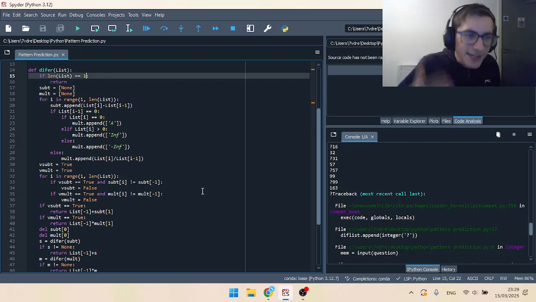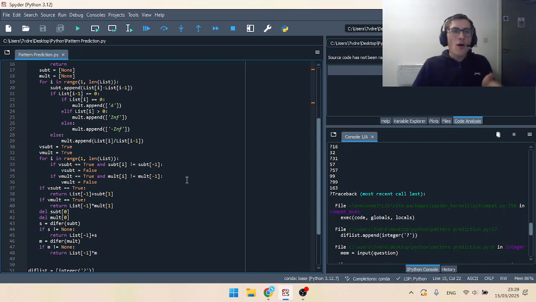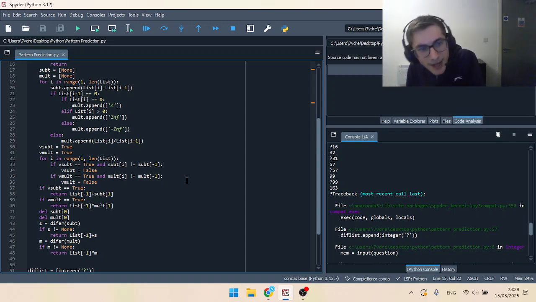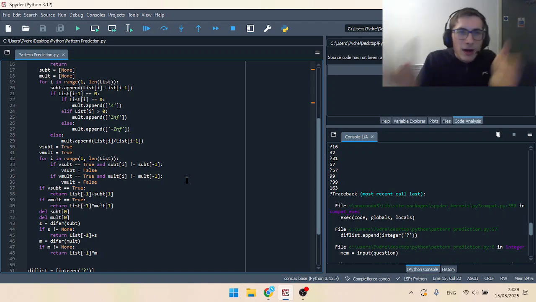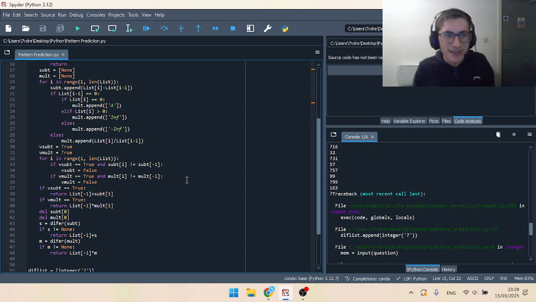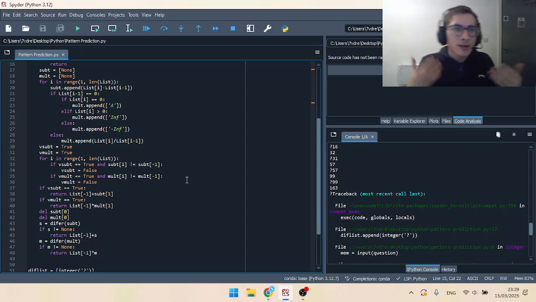Now, what is interesting about this code is that we can look for complex patterns that we can't even imagine, because we can look at the differences and then we can look at the divisions on the next step, and then back to the differences. This will sort of mean that we can look for lots of complex patterns.